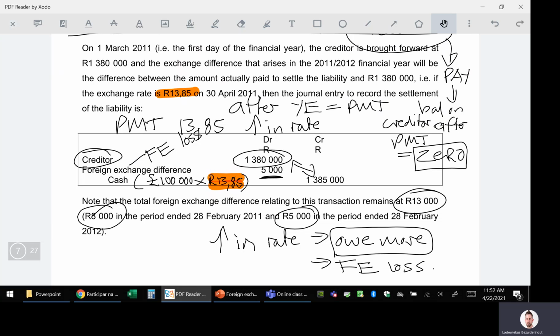All right, remember, if we have a rate that is lower, then we will pay less, then there will be a foreign exchange profit, and we have to credit foreign exchange profit. If the rate is higher, then we owe more, we're going to pay more, then it's a foreign exchange loss, and we have to debit the foreign exchange loss. All right, and that was example 1 of uncovered transactions for foreign exchange.